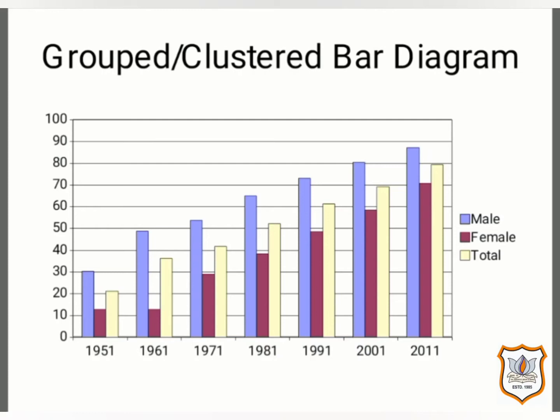That means here also, for 1 year, instead of drawing a single rectangular bar, we are supposed to draw three rectangular bars for a single year representing the literacy in male, female as well as total.